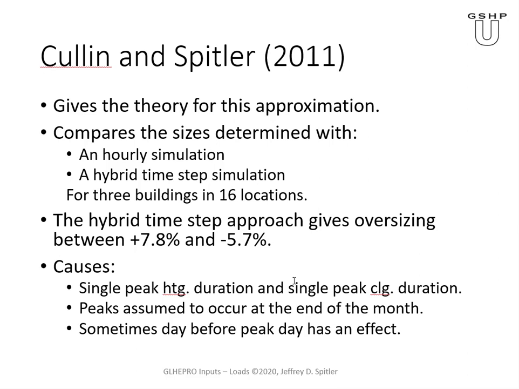The peak cooling load might occur in July, but maybe in August there's a peak cooling load that's almost as high, but maybe its duration should be different, and if that's accounted for, it would give a slightly different load or a slightly different size. Now, we assume the peaks occur at the end of the month, and they may not. They may occur earlier. Sometimes the day before the peak day has a little bit of an effect.